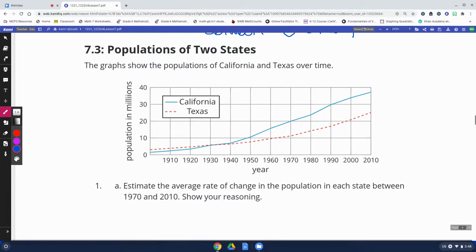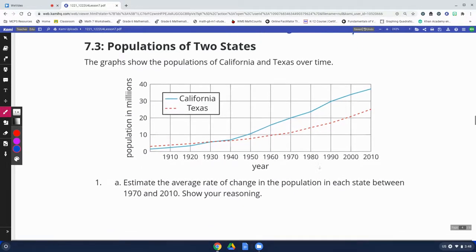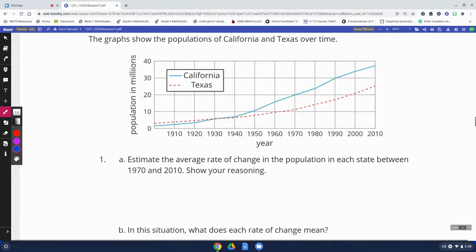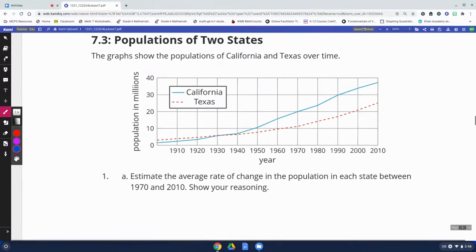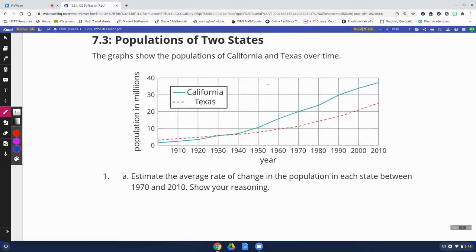All right. Populations of 2 states. The graph shows the populations of California and Texas over time, right? So if you look at the key, you see that the blue solid line is California. The red dotted line is Texas, right? It says estimate the average rate of change.